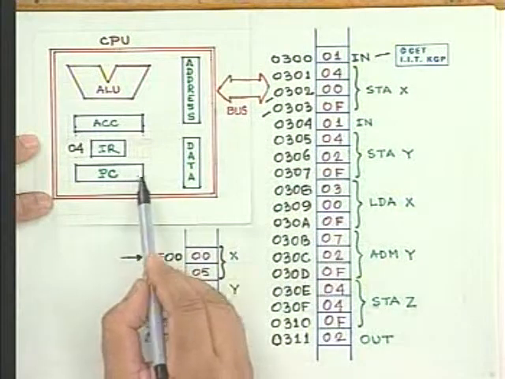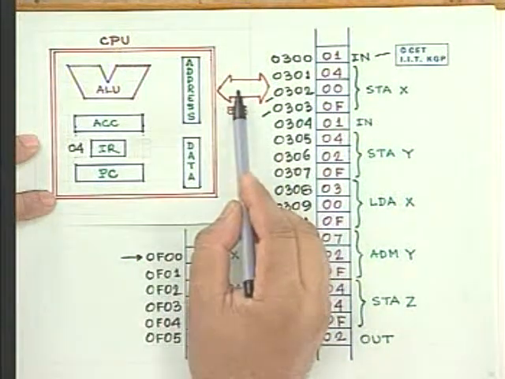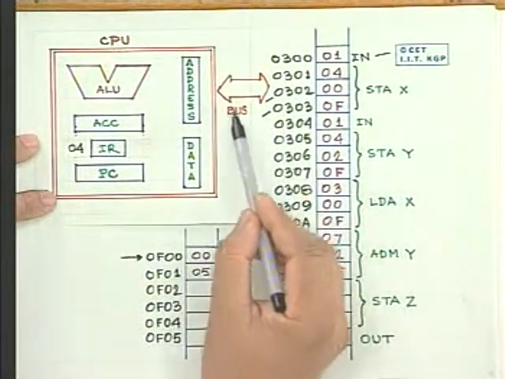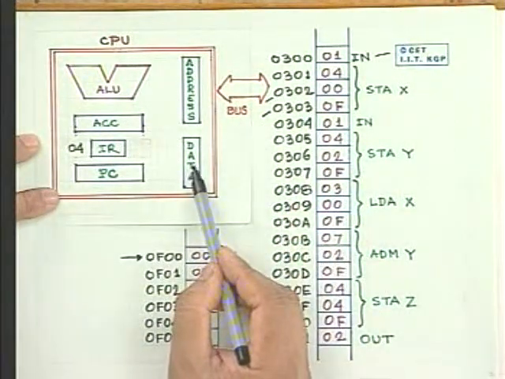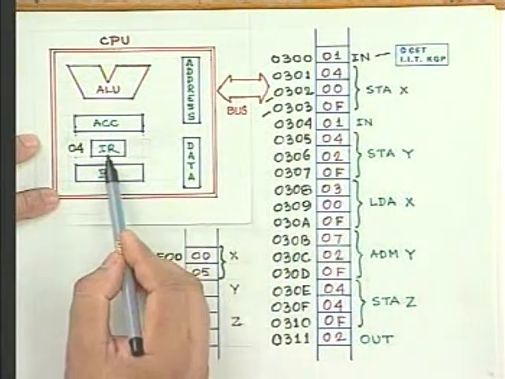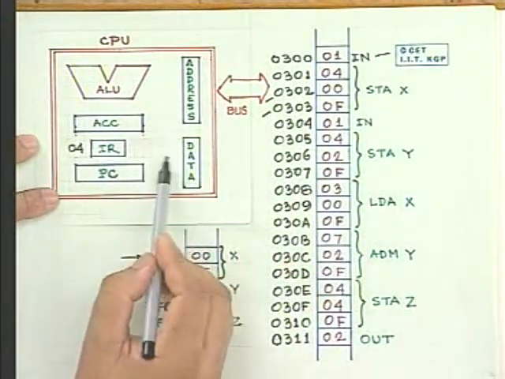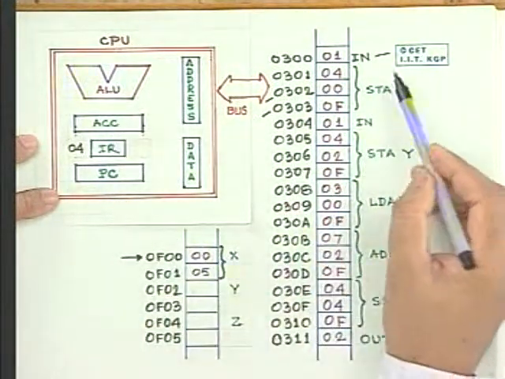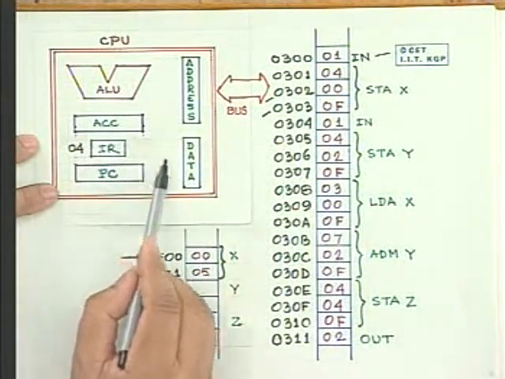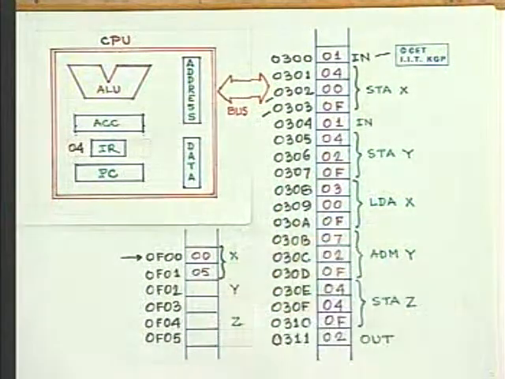The content of the program counter will be sent to the address buffer. That address buffer will point to the memory location. The content of that memory location will come into the data register, and from the data register it will come into either an instruction register, as I have said in the case of an instruction fetch, or into that accumulator if I am executing, say, IN instruction, or the content of the accumulator will go into the proper memory location as the instruction dictates.